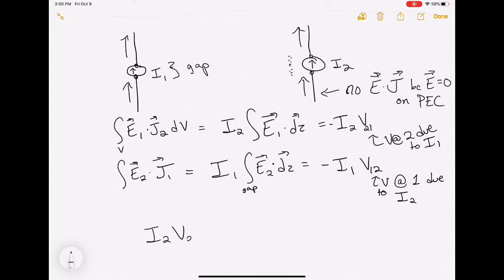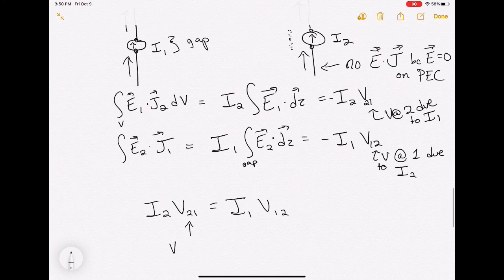I2 V21 is equal to I1 times V12. Remember, this is voltage at 2 due to a current on antenna 1, and this is the voltage at antenna 1 due to a current on antenna 2.